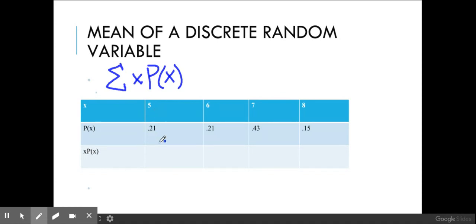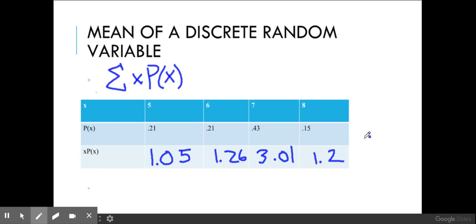So to get x times p of x, we multiply each one. 5 times 0.21, we get 1.05. And then 6 times 0.21, 1.26. And then 7 times 0.43, 3.01. And then 8 times 0.15 is 1.2.